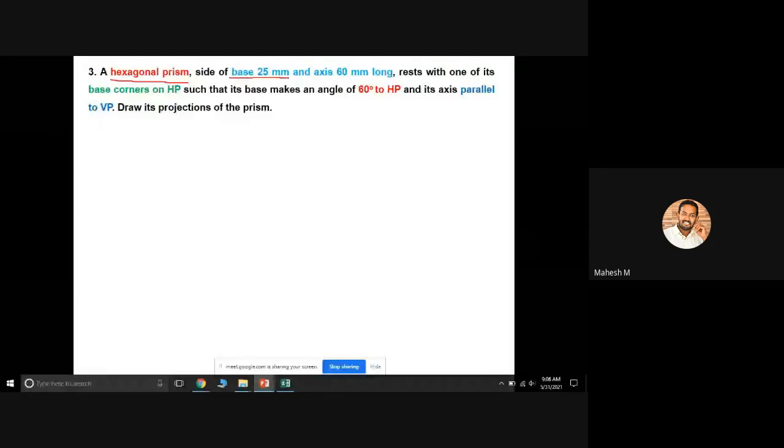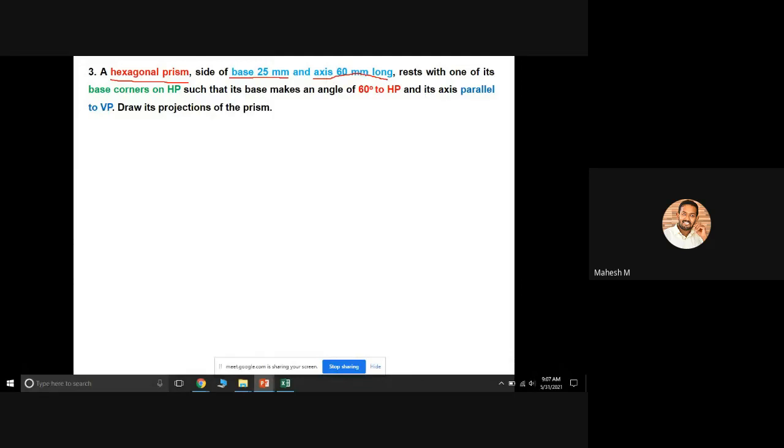So if it is a solid, you will be having two dimensions. One is base dimension and another one is the axis dimension. So without these two values, you can't create a solid. Okay. So you have to create a hexagon with a side value of 25 mm and the axis of the particular prism, axis height, is 60 mm.